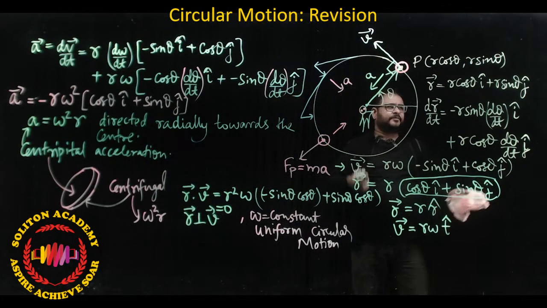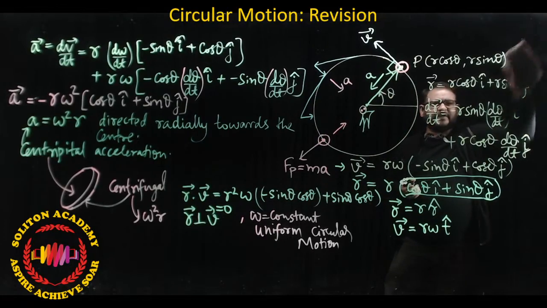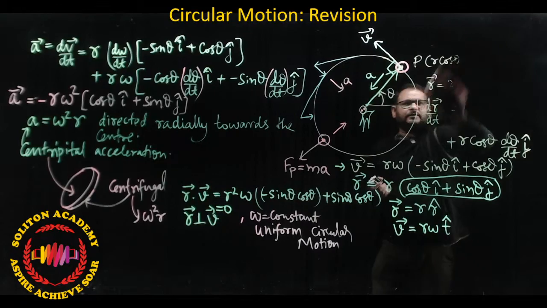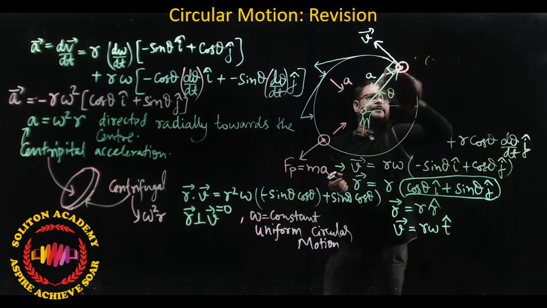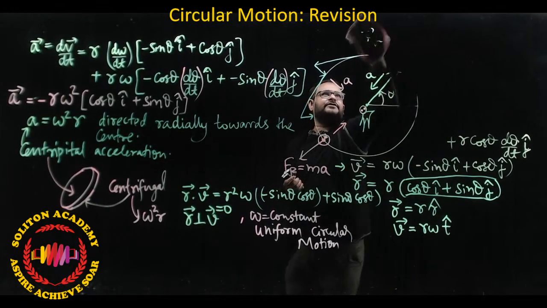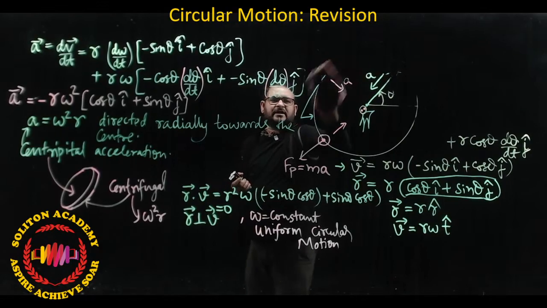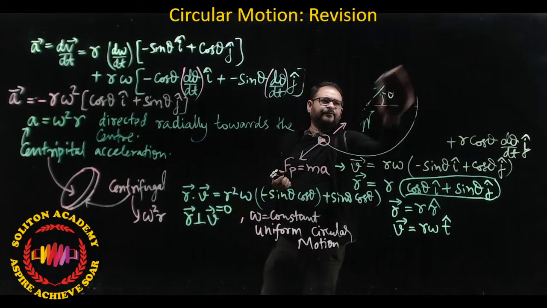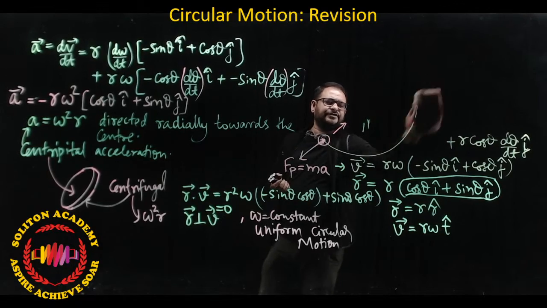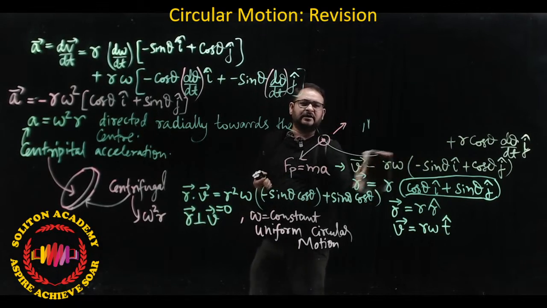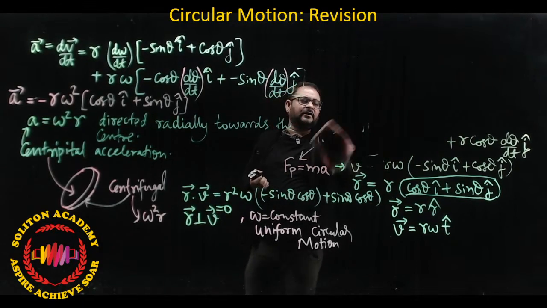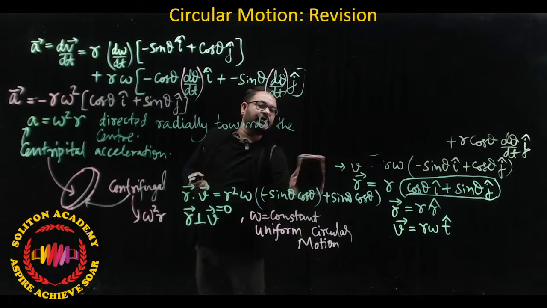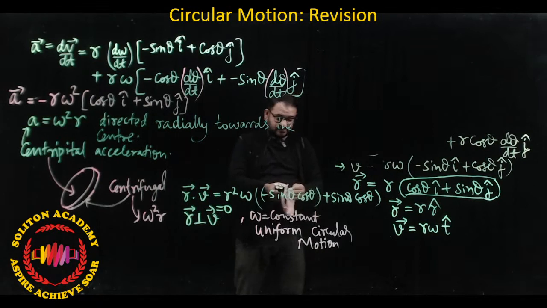Okay, so let me clear this board, and then we are going to introduce the questions. Just be patient. I have all the questions. I think about 15 to 16 questions have appeared. That means almost one question every year has been asked from circular motion.